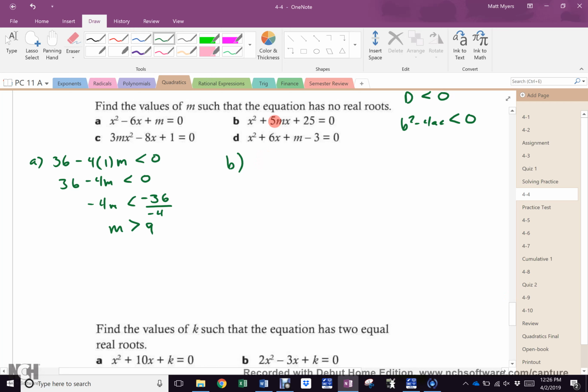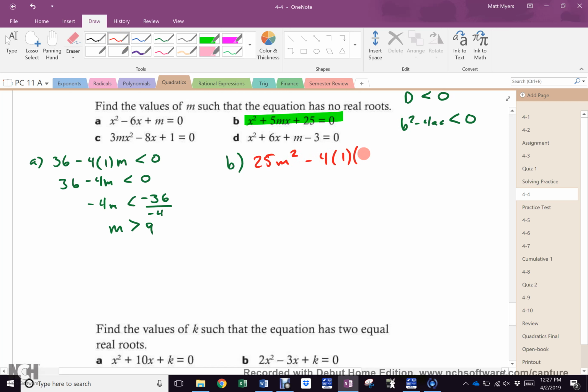This is really tricky. What's B? What is B in there? 5m. So B squared is 25m squared, right? Minus 4. What's A? 1.